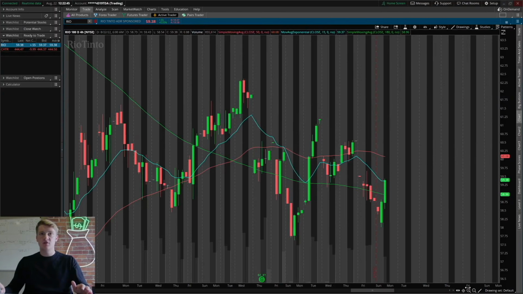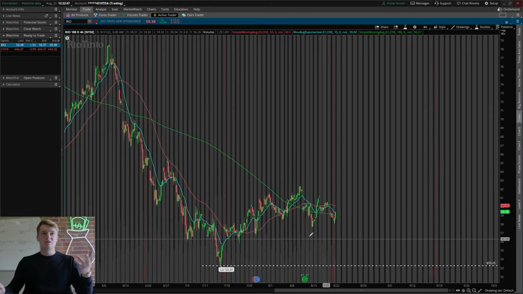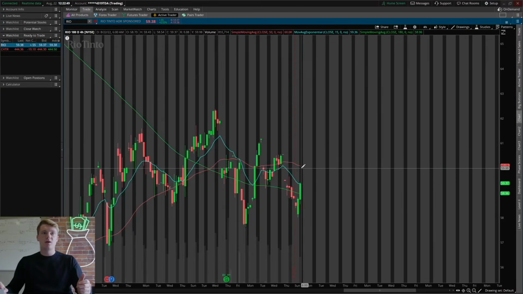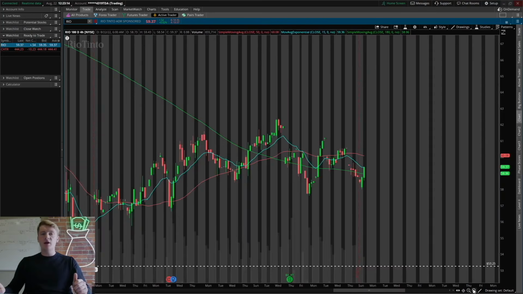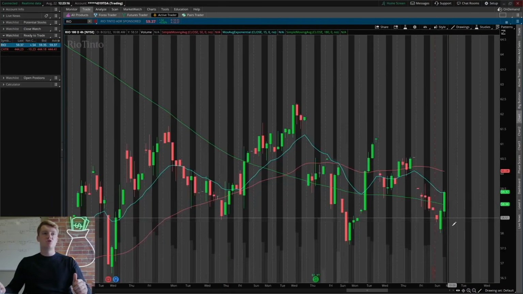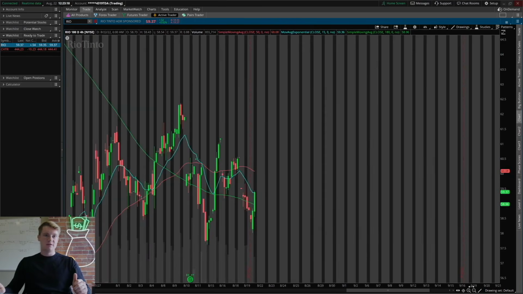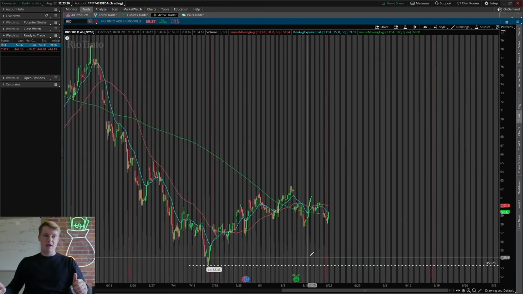Okay, another rejection, that is just basic support and resistance. And we're not going to be looking at the 50-day, the 15-day, or the 180-day SMA because you can see that these candles clearly don't care about these moving averages whatsoever. So we're not going to use them when it comes time to figure out where we're going to cut this trade for a loss, and obviously taking profit down at that low.